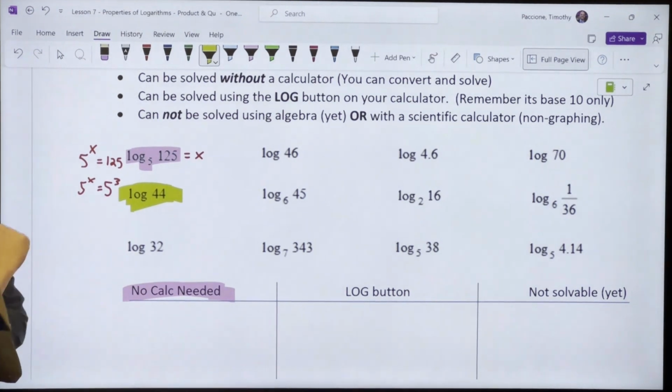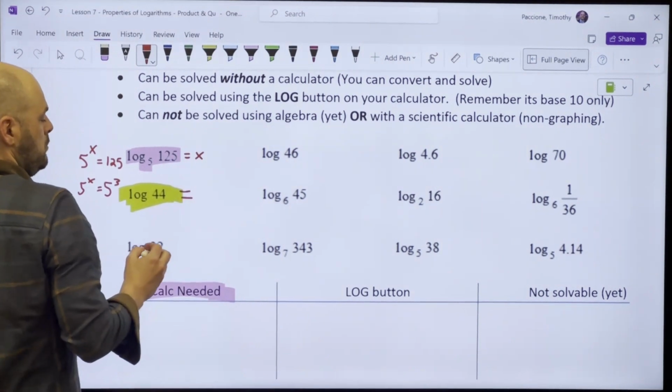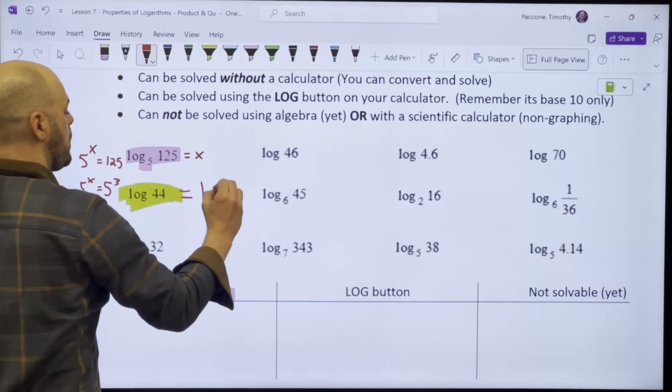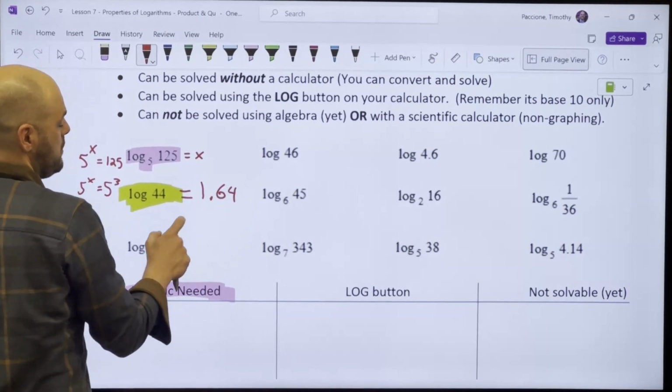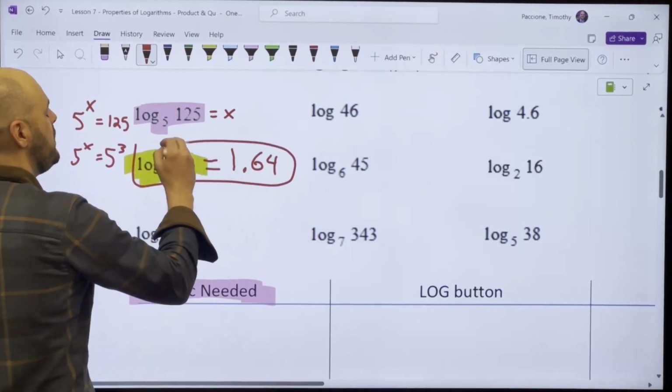So if you get this, you can just literally say log 44 on your calculator, press enter, and you get the answer. Go ahead and do log 44 on your calculator. What do you get? 1.64345. All right, 1.64, we'll go with that. So can somebody tell me what this means?